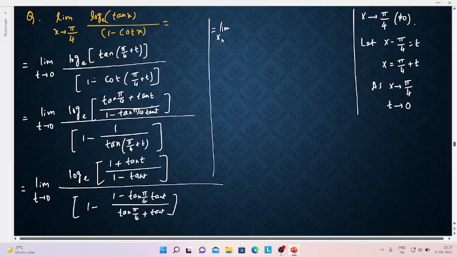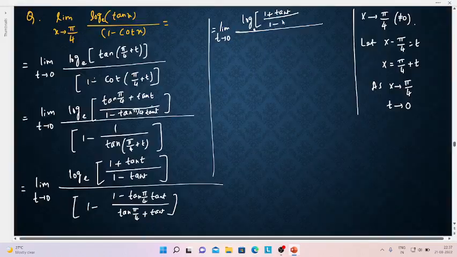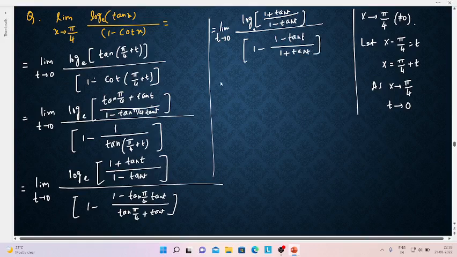limit t tends to 0, it will become log base e of (1 plus tan t over 1 minus tan t), and on the denominator we have 1 minus tan t over 1 plus tan t. So now we can solve this a little bit.